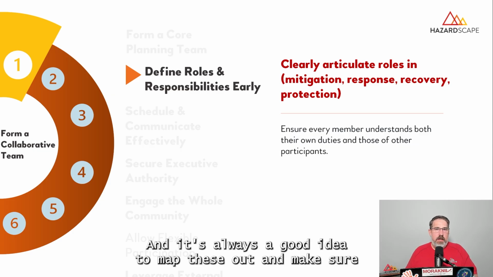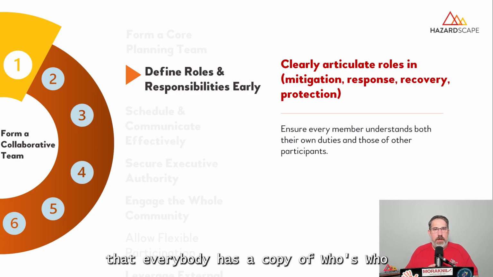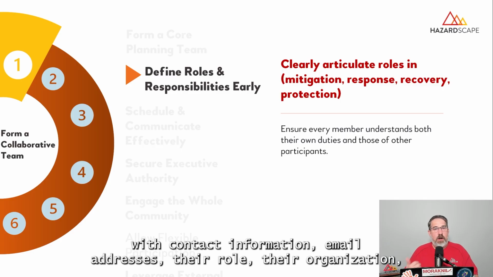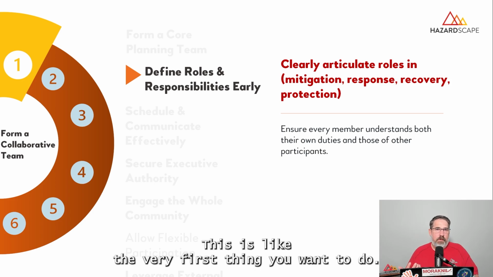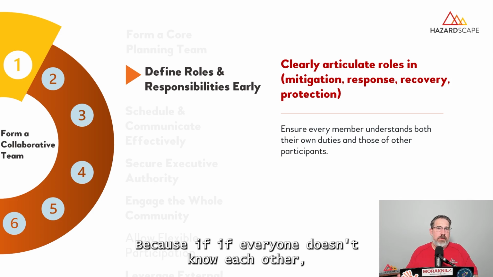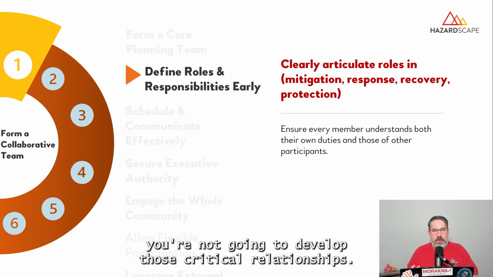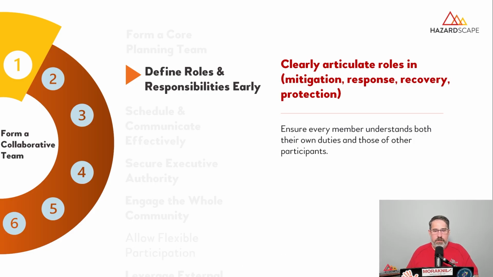And it's always a good idea to map these out and make sure that everybody has a copy of who's who, with contact information, email addresses, their role, their organization, their job title, and their role within the planning circle. This is like the very first thing you want to do, because if everyone doesn't know each other, you're not going to develop those critical relationships.